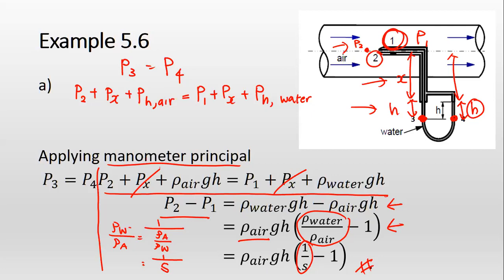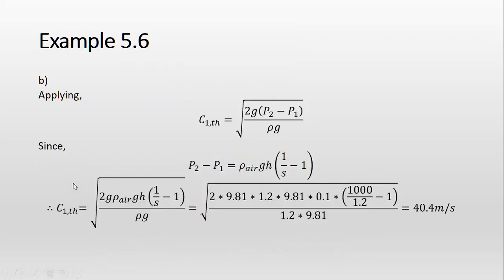So you have successfully represented P2 minus P1 in terms of your height. The H here is the manometer height. Once you have that, you can go straight into the calculation from part B.